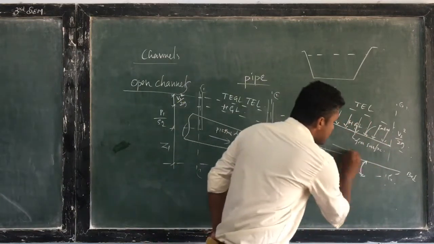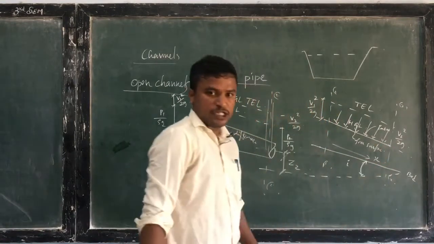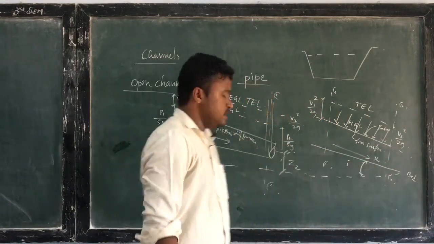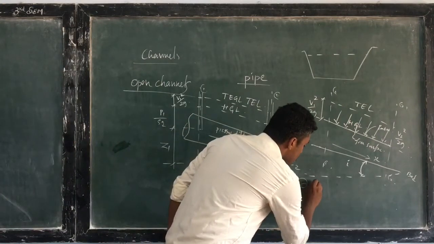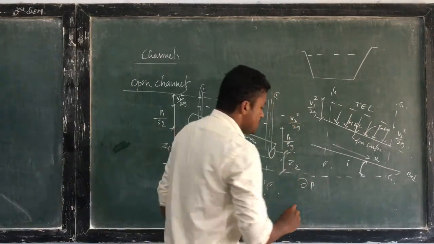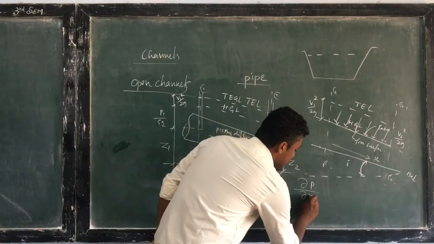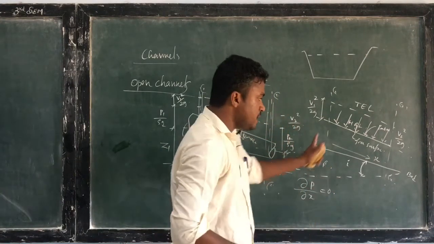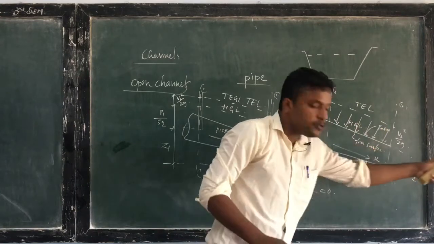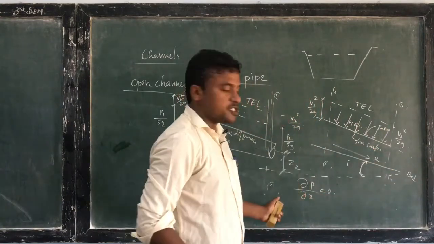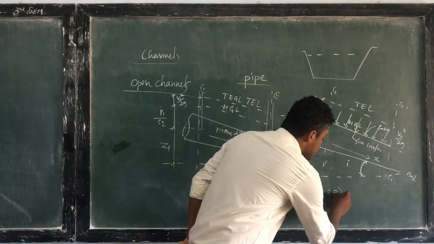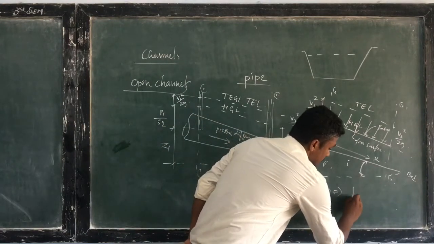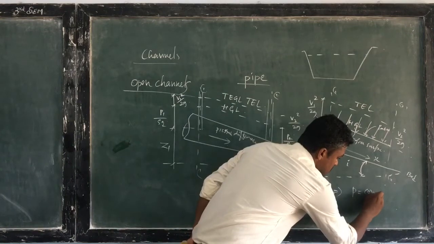If you take the direction of the flow as the x direction, then the variation of pressure with respect to x axis is equal to 0. I just defined that in mathematical terms. That means the integration of this term gives P equal to constant.